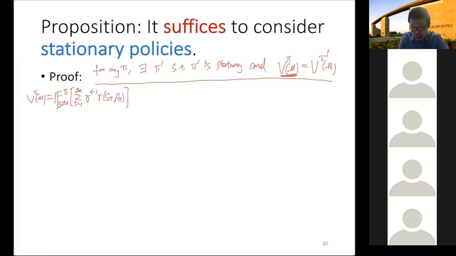This is by exchanging the order of the summation and the expectation. You need some regularity conditions for that, but let's assume it, and then we can rewrite this as the sum of gamma to the T minus 1 times the expected value under mu of R of S_T and A_T. This is something we have done just now. Now let's further expand this expectation by applying its definition.